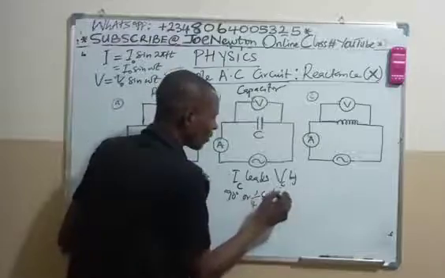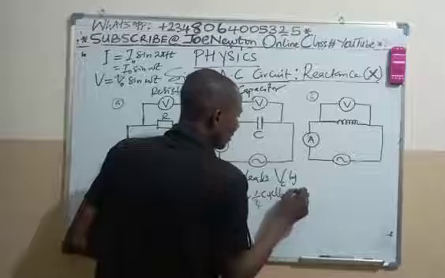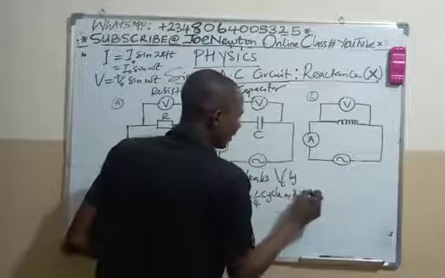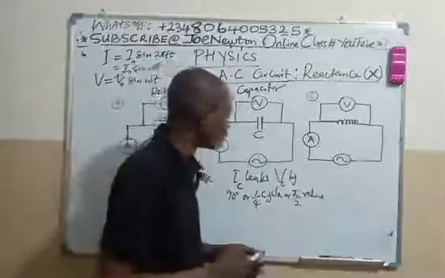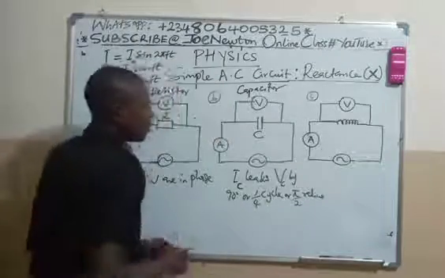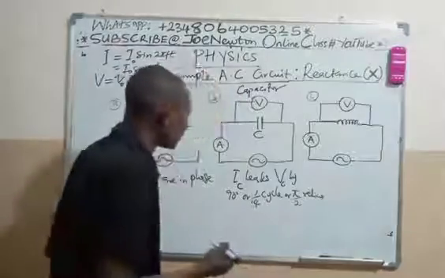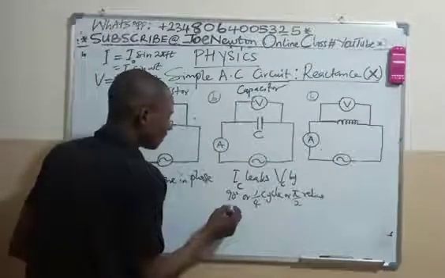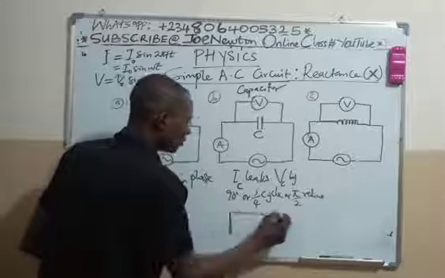Of course, 90 degrees is equivalent to 1/4 cycle, or pi/2 radians. Good. Then, if you want to represent it using vector representation, the symbol will be like this.